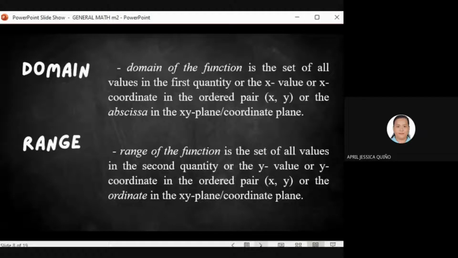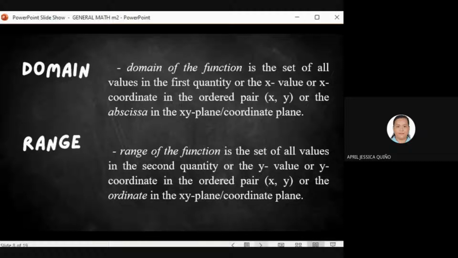Domain and the range. The domain of the function is the set of all values in the first quantity, or the x value, or x coordinate in the ordered pair (x, y), or the abscissa in the xy coordinate plane. The range of the function is the set of all values in the second quantity, or the y value, or y coordinate in the ordered pair, or the ordinate in the xy coordinate plane.